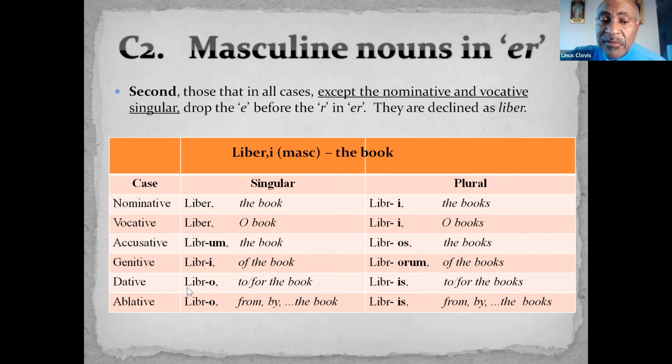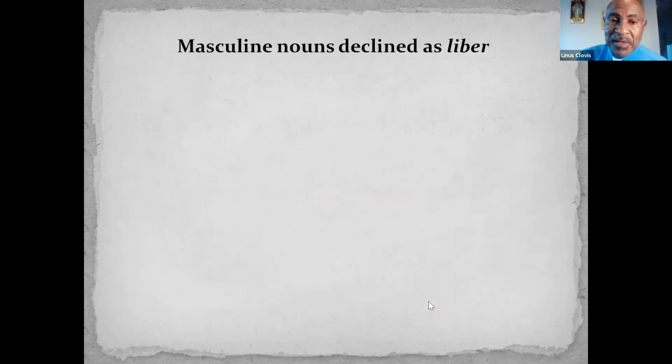And then the dative, libro, and the ablative, libro, with their plurals, libris. Okay. So let's see what nouns come into the form shape of liber. Ager, a field.